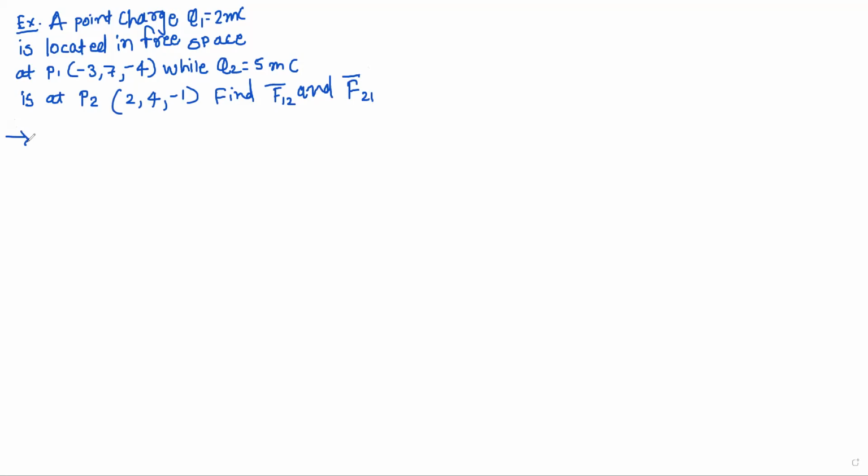Now read this example carefully and tell me what information you have here. One by one, let us move ahead. A point charge. So the first information is you have a point charge.